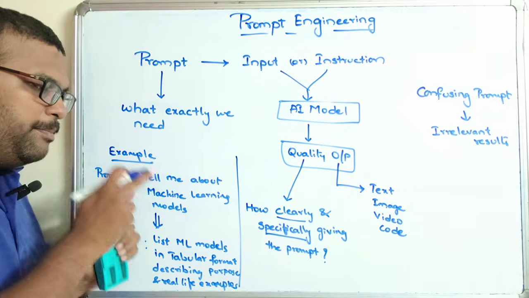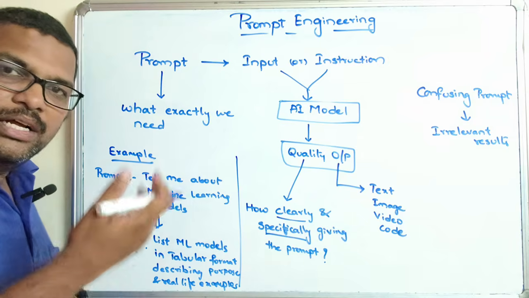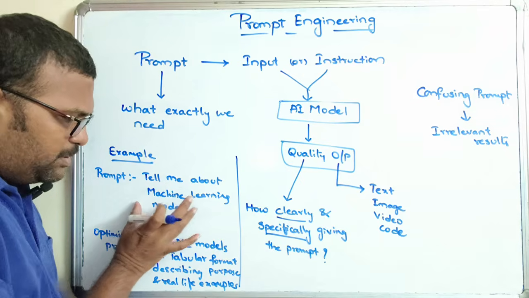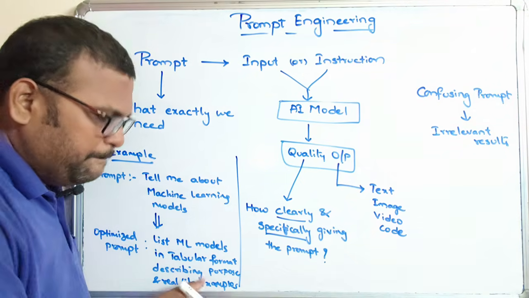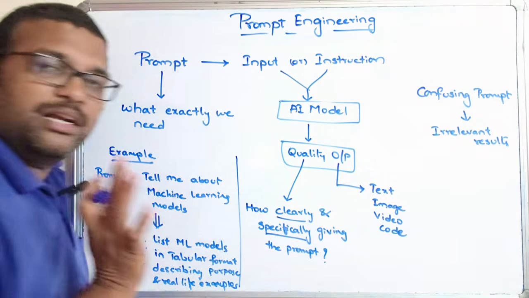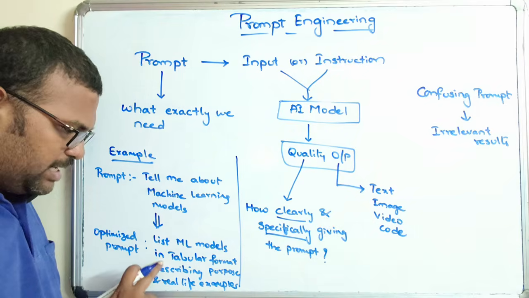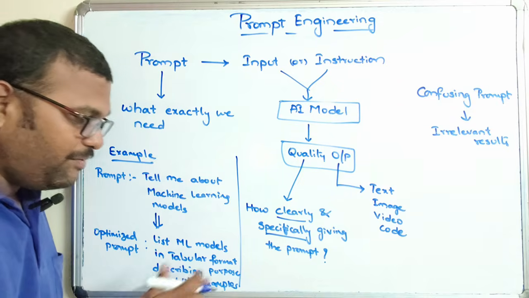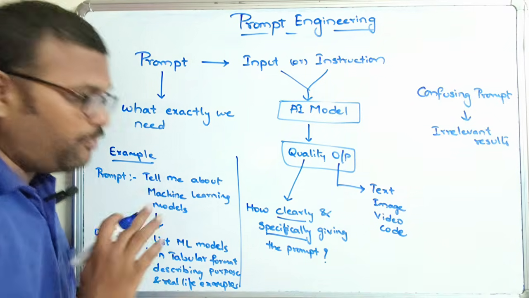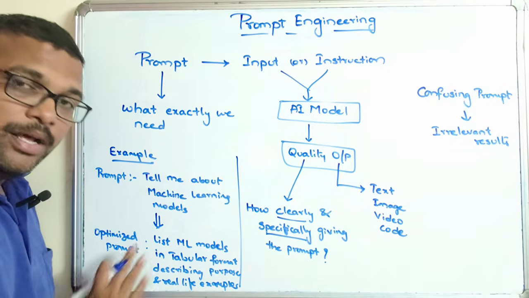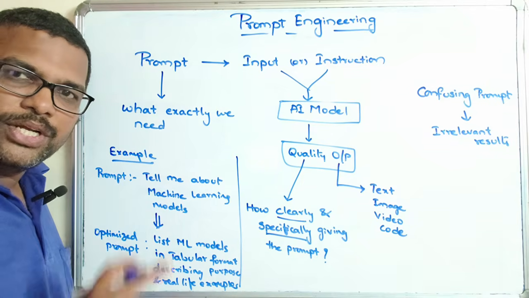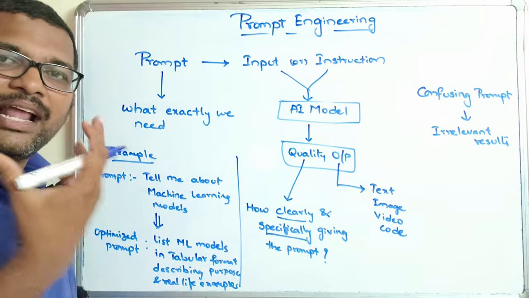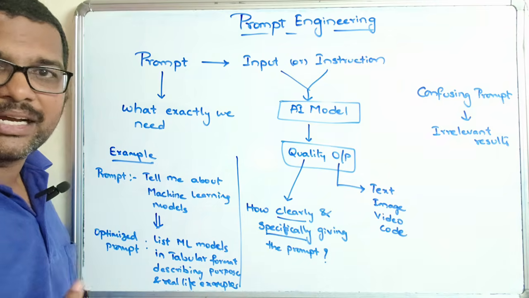So what am I refining here? The first prompt I gave was, tell me about machine learning models, and I will get a lot of information about that. Instead, I am specifying the complete information clearly: list ML models in a tabular format describing purpose and real life examples for each. So for this prompt I will get the complete model information in a tabular format, so that I can easily grasp and understand the content.